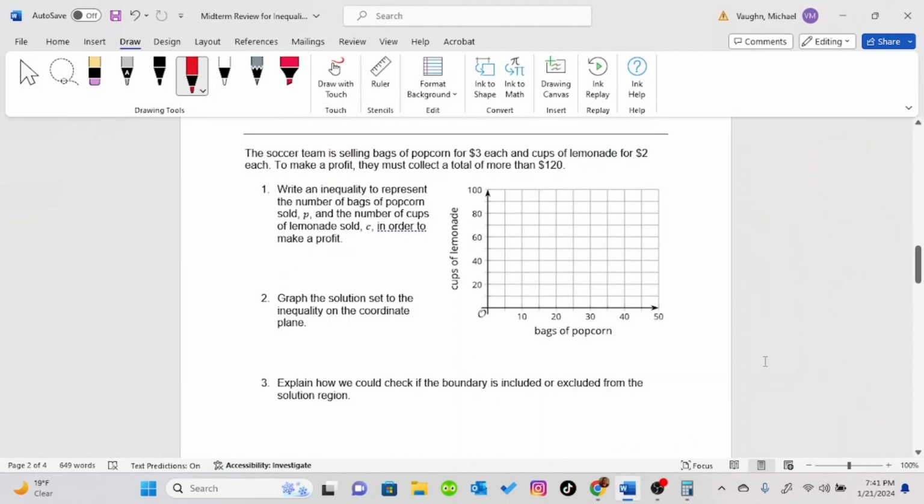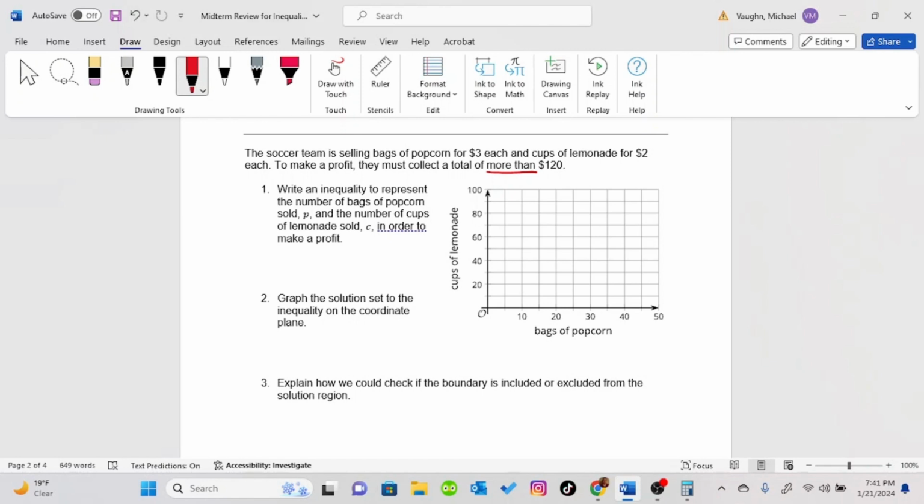The soccer team is selling bags of popcorn for $3 each and cups of lemonade for $2 each. To make a profit, they must collect a total of more than $120. So more than is our key words.